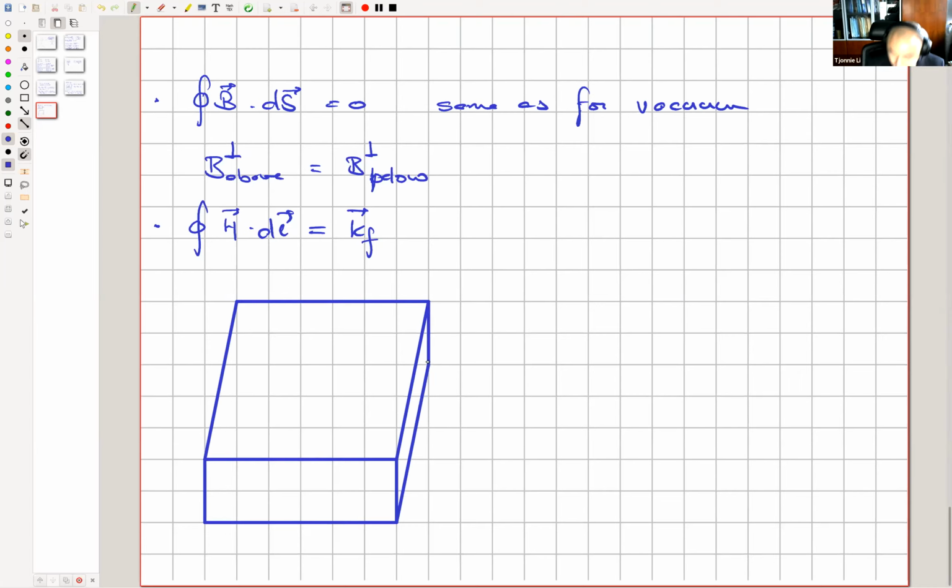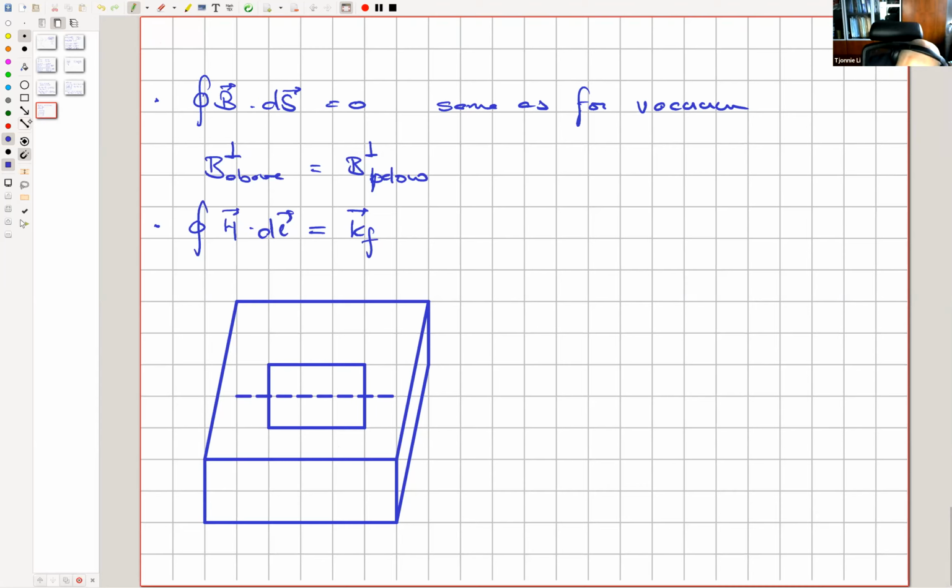Like this. But instead of using a Gaussian pillbox, I just imagine a loop going like this, and denote this surface. If this is the surface, I go around in a loop like this.